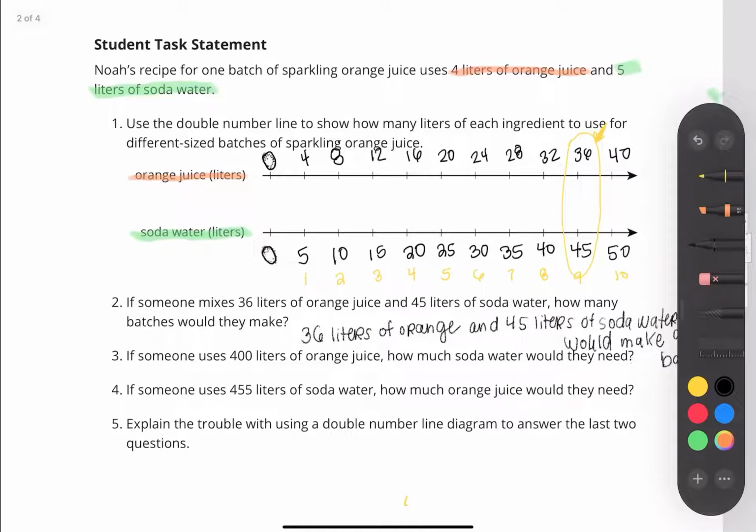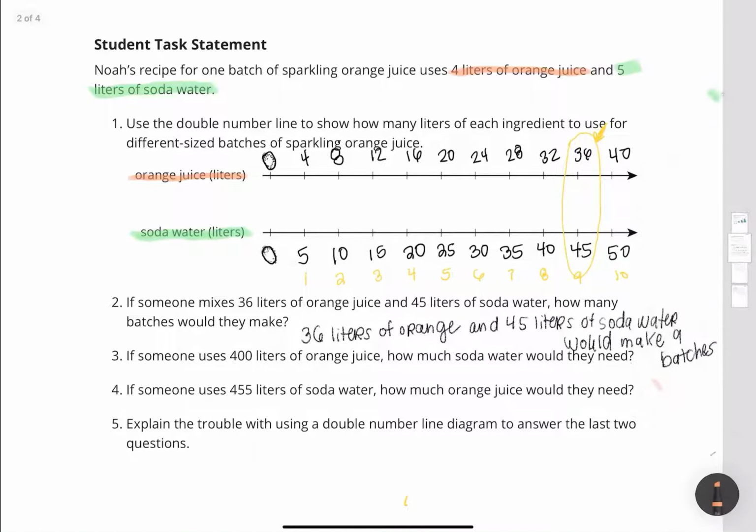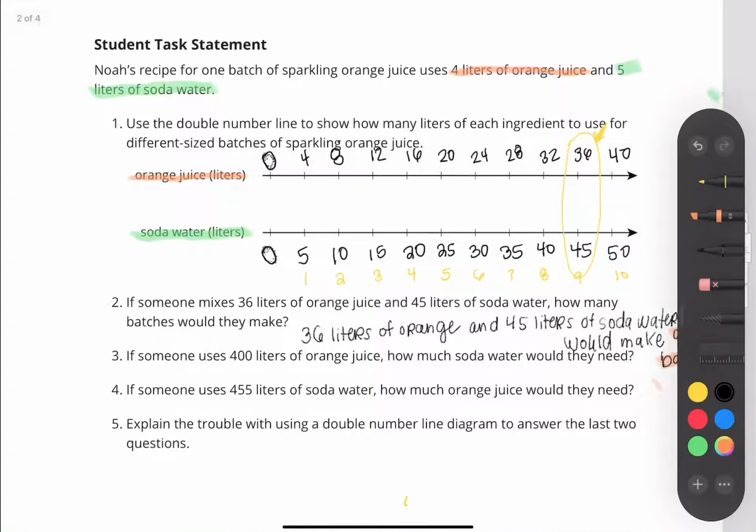Okay, let me highlight that. You could have just put 9 batches, but I just wanted to put the answer in sentence form.